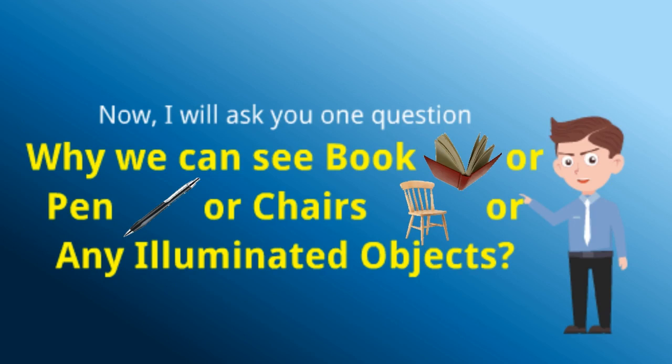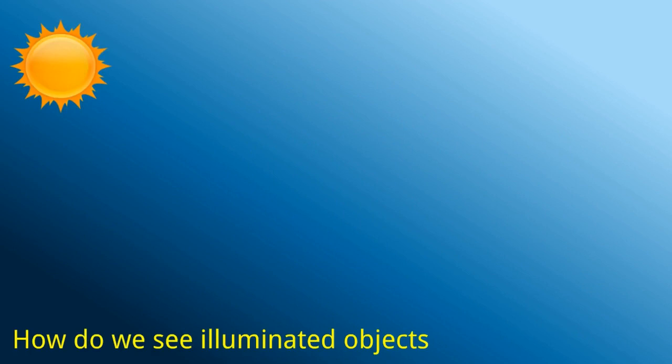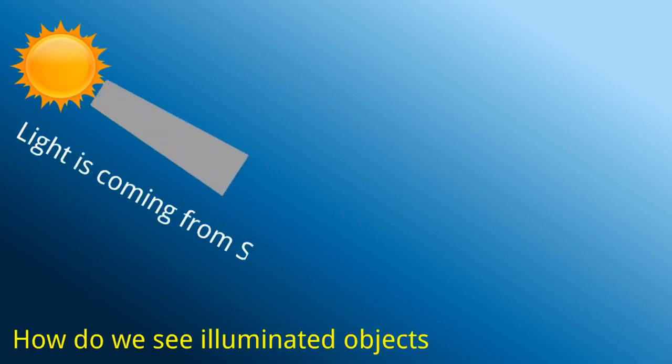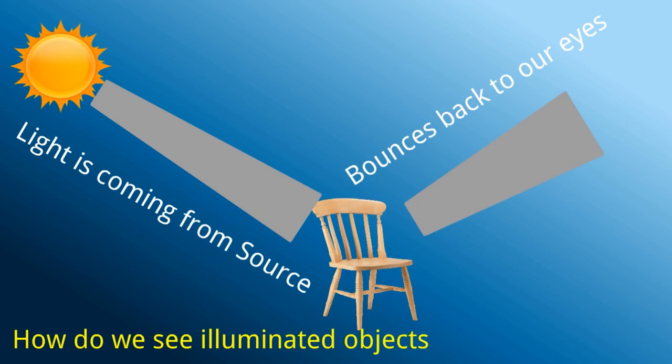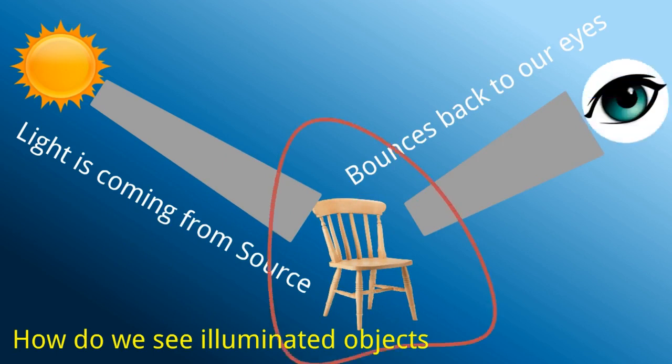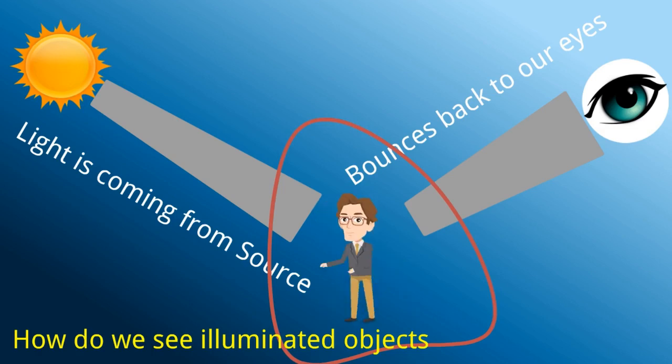It's very simple. Take an example: the sun is a luminous object, so the sun can produce light. So light is coming from the sun and it is falling on the chair. From the chair, the light bounces back to our eyes and we can see the chair. In the same way, instead of a chair, we can see a person.